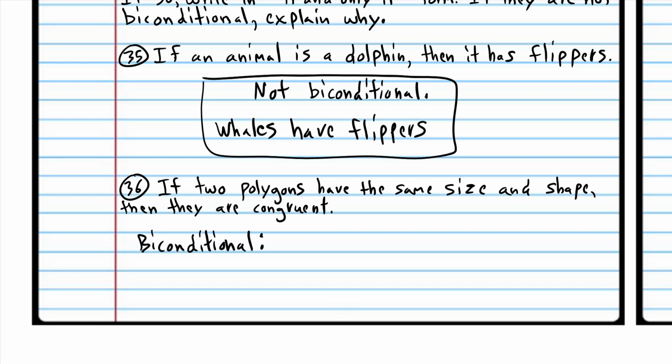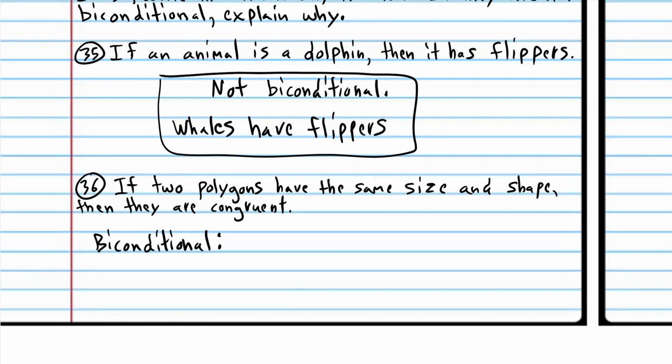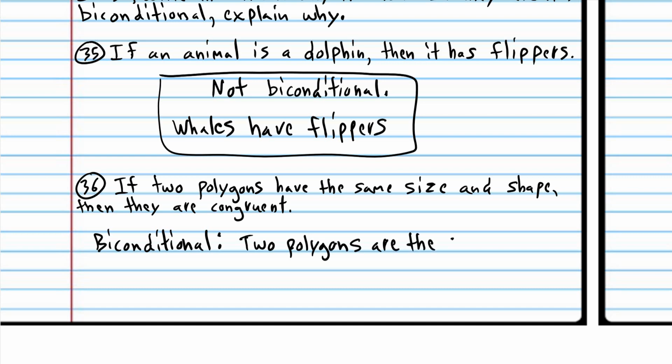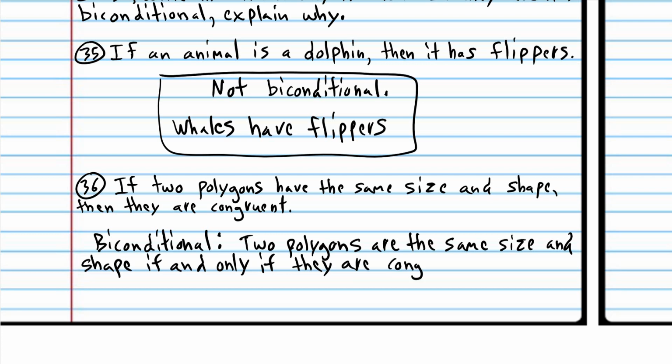And we can write it in if and only if form. So two polygons are the same size and shape if and only if they are congruent.